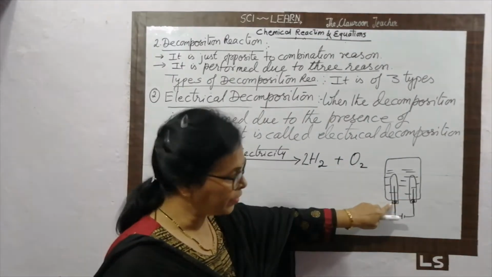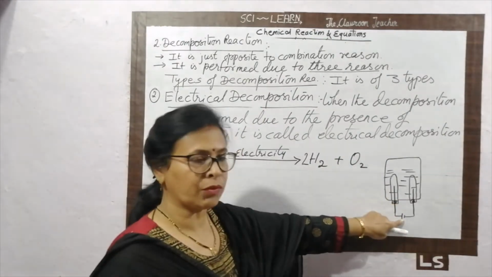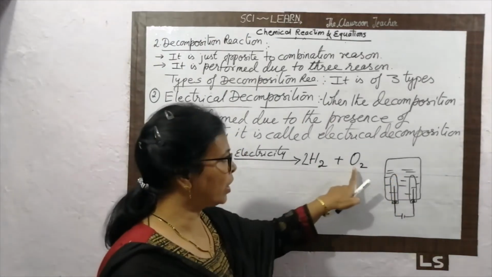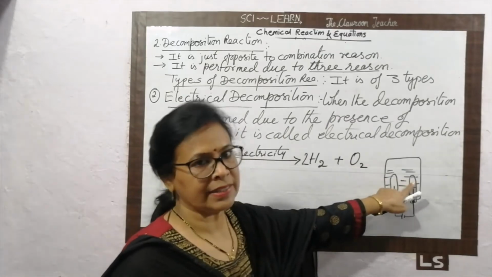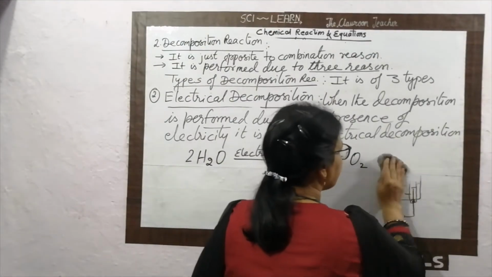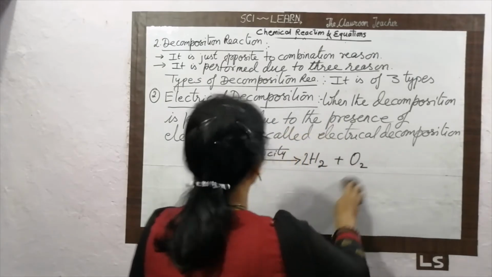This is packed with the cork, and when the electricity is provided from here, what happened? This water is split up into hydrogen and oxygen, and it is collected in this test tube. So this is the experiment you already performed in class 8. So this is the example for electrical decomposition.